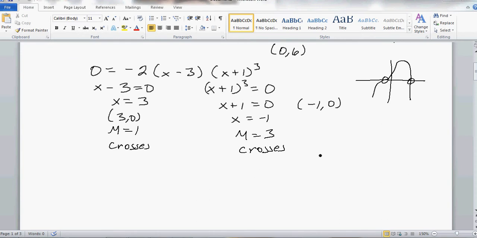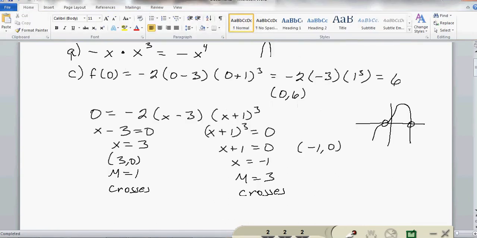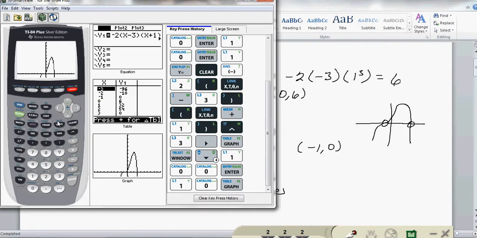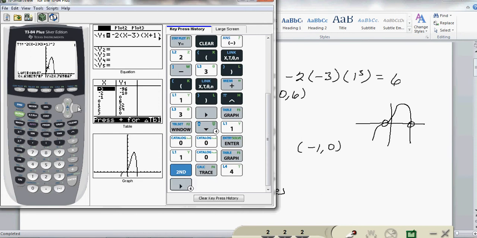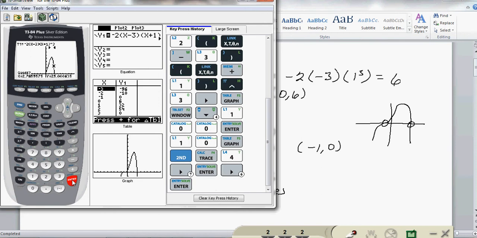So I need to go to the graphing calculator, and we need to do second calculate, and I only see a maximum. That maximum is right up here, so I'm going to ask for the maximum, go to the left of it, hit enter, go to the right of it, and then I'm just going to guess anywhere.